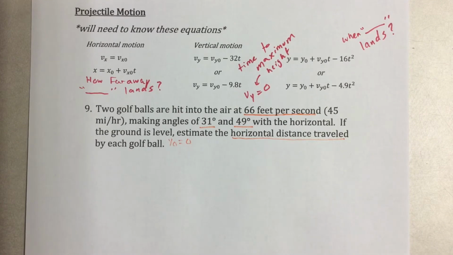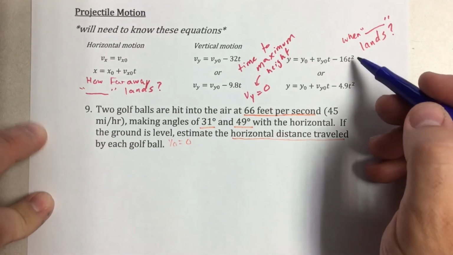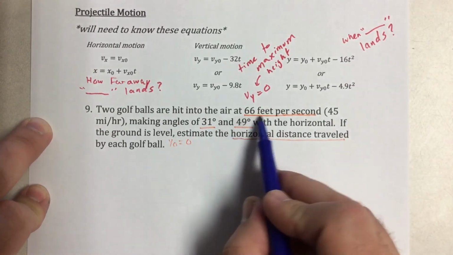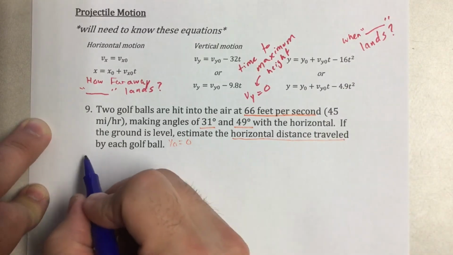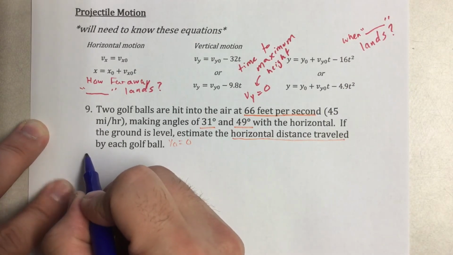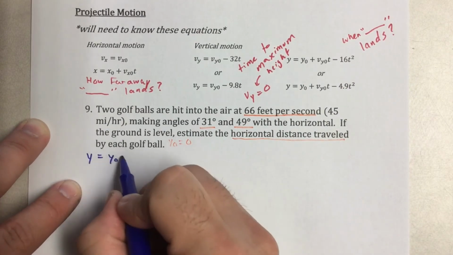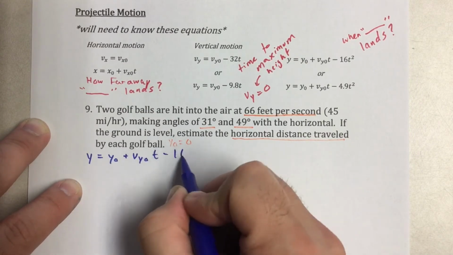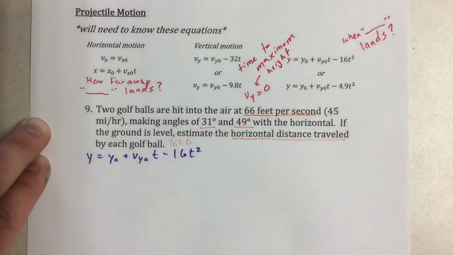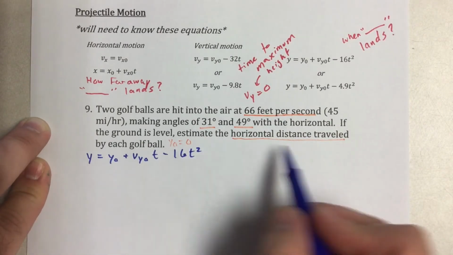So let's go through this. We're going to use our displacement equations. Now, since we're dealing with feet per second, remember that means we're using the minus 16 equation. So we want, write this down, y equals y sub 0 plus v sub y sub 0 t minus 16t squared. Now we're going to plug everything in. We're looking to see where it lands.